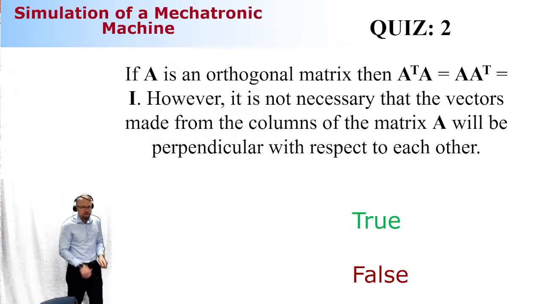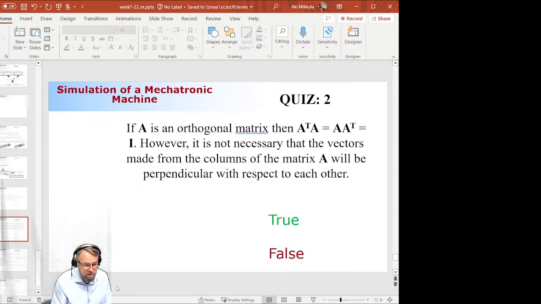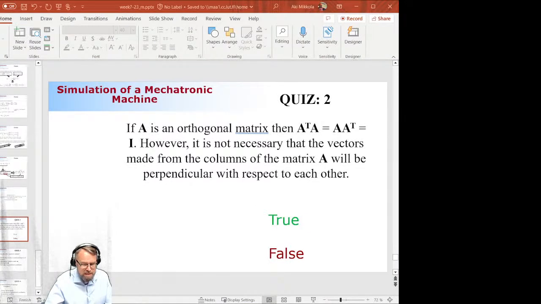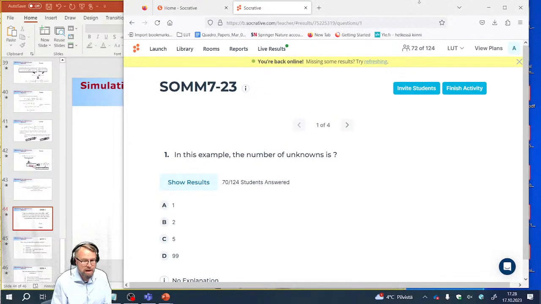Okay, let me take myself to Socrative. The first very important question to you regarding Socrative: is this going to be what I'm expecting? 100%. You say 100%, I say 95%. We got 71 answers.